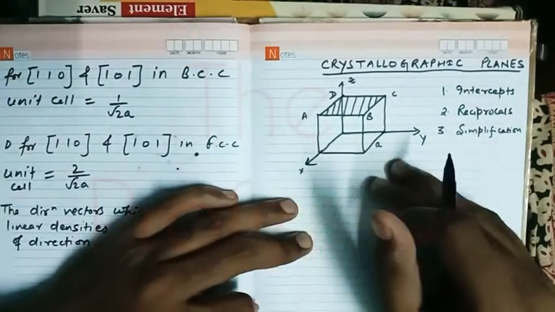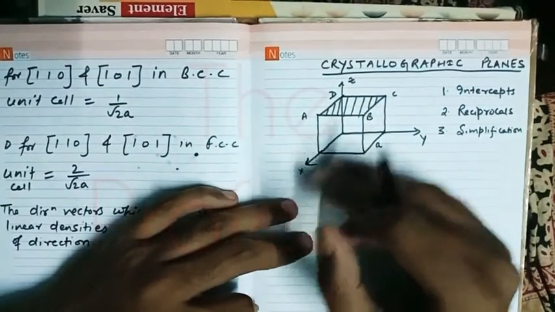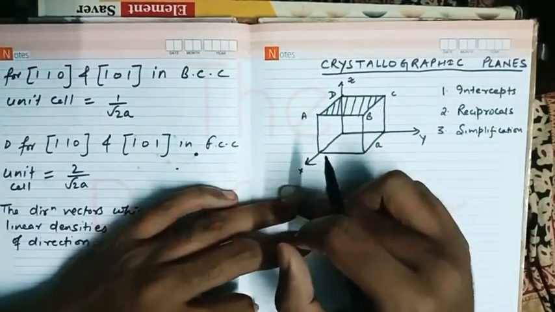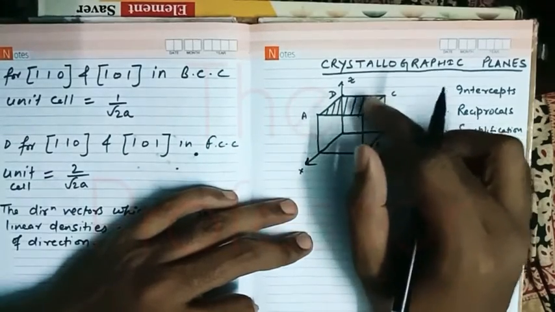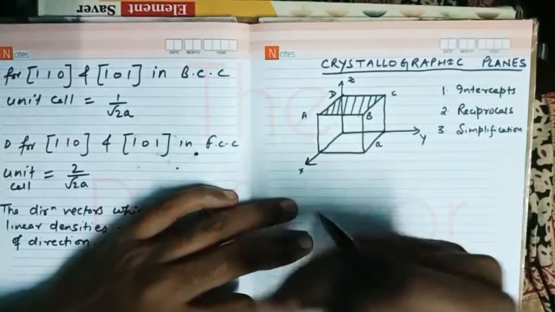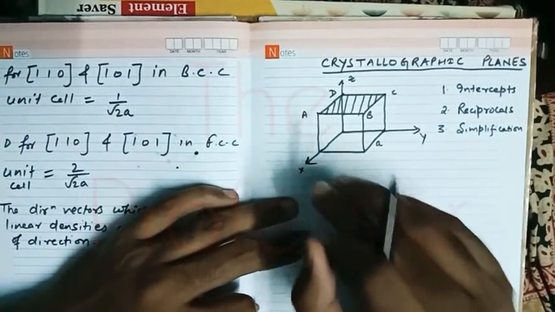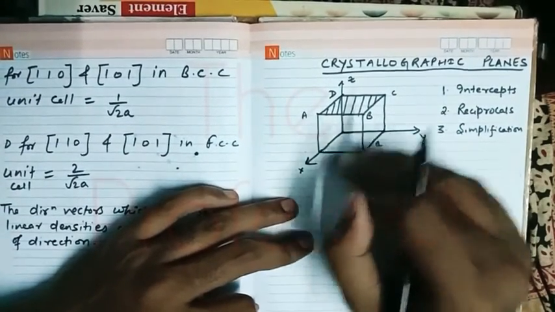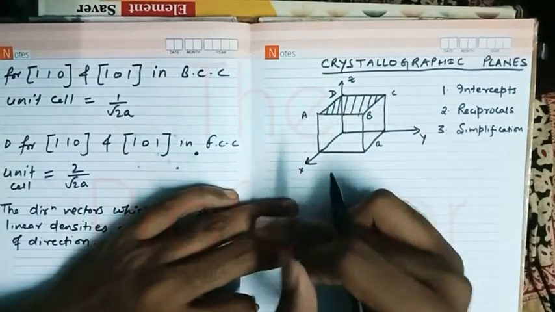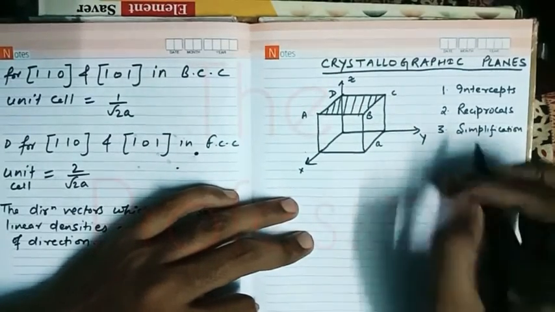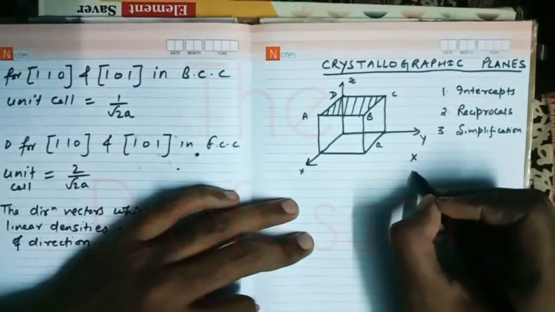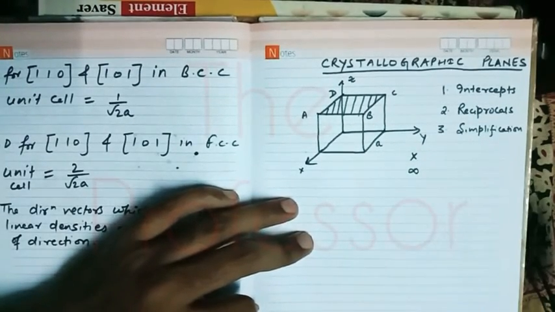No, it is not intersecting anywhere with the x-axis. Why? Because this plane is parallel to the x-axis. So it is going to meet the x-axis at infinity. If it is parallel to the x-axis, then it is not making any intercept. It means that it will meet the x-axis at infinity. So its intercept on the x-axis is infinite.